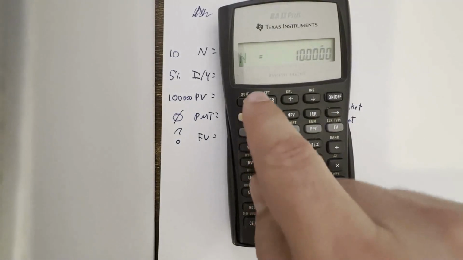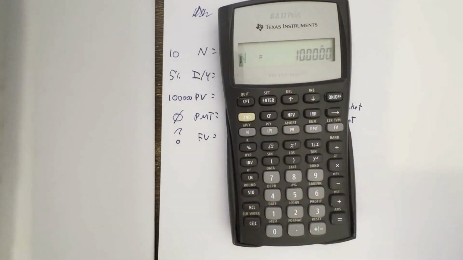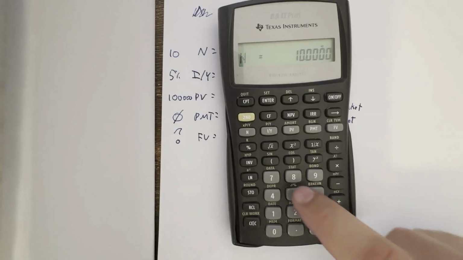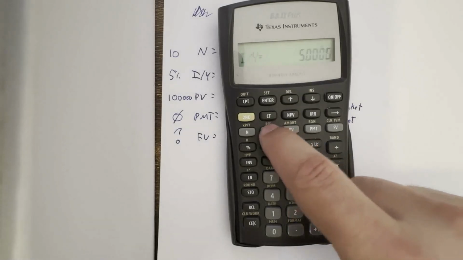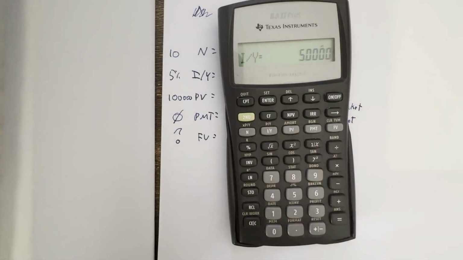We've done that. When you have the N equals, it's in the calculator. So over 10 years, at a 5% rate of interest, it's in there. We are starting with $100,000.